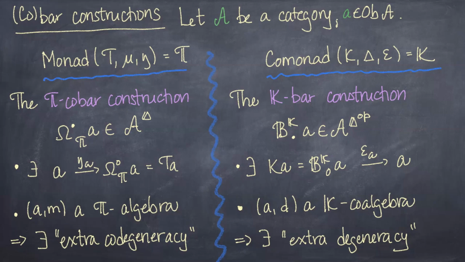And dually, if we have a K coalgebraic structure on our object little a, we can use the co-multiplication little d to give us extra degeneracy in the simplicial construction. This means that if we do have some way to realize or take a totalization in the case of the co-simplicial object, we have something that's actually equivalent to A. So this is going to be important for the next point we're going to make.